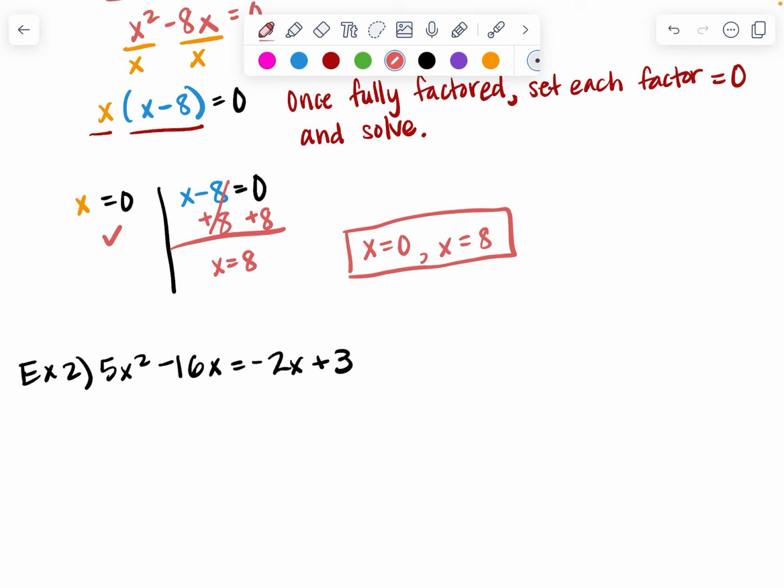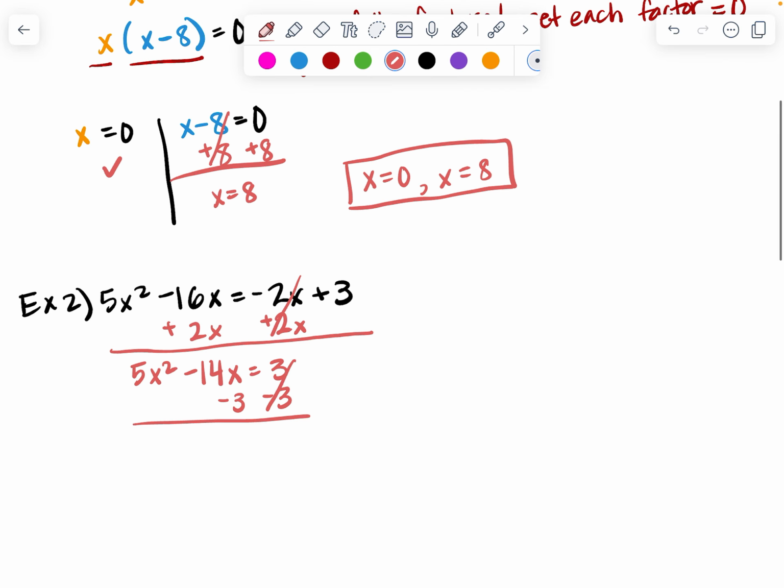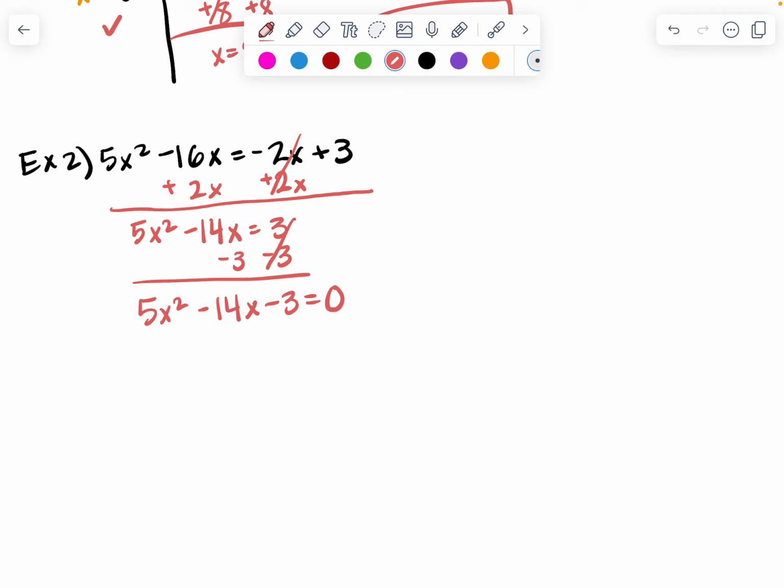We need the right side to equal 0. Okay, so now this is in standard form. I have a, b, and c.